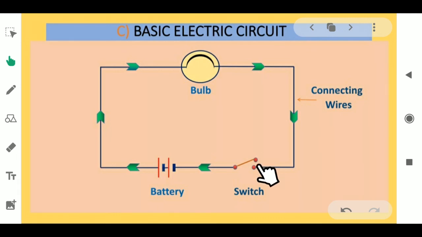When you switch on the circuit, by touching these two ends together, it is now a closed circuit, meaning the electricity is passing through the entire circuit. As a result, the bulb starts glowing. Clear? So these are the two different circuits, open circuit and closed circuit.